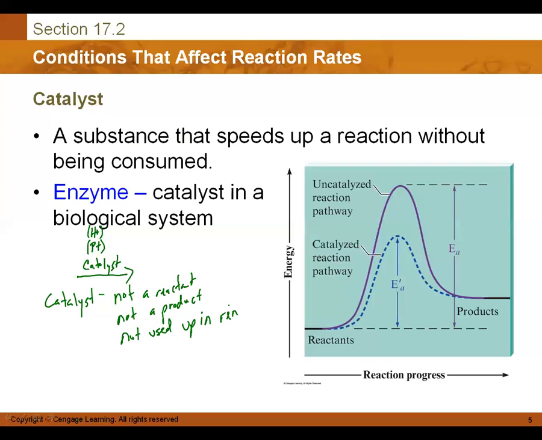And that's usually what we think about when we think about a catalyst, a reaction occurring faster. In reality, there are some catalysts that can slow down a reaction, but probably 9 times out of 10, even maybe 9.9 times out of 10, if they're talking about a catalyst, they're talking about it in the sense of speeding up a chemical reaction.